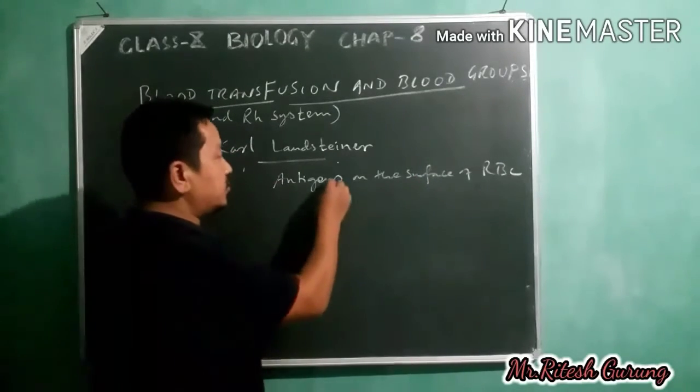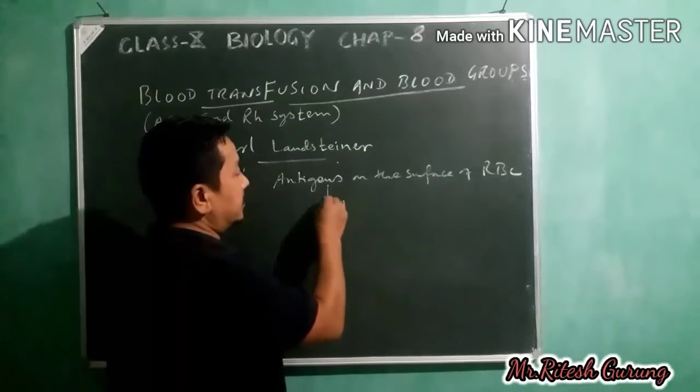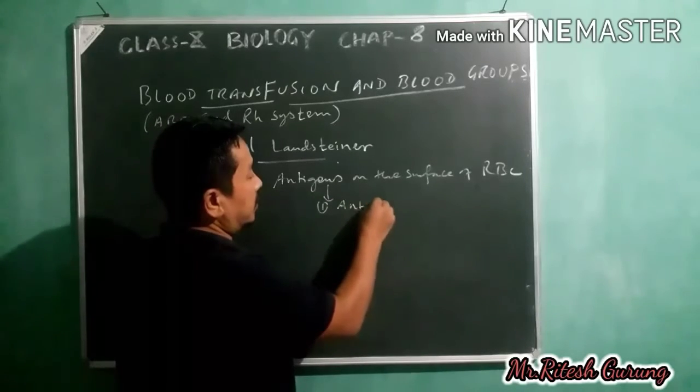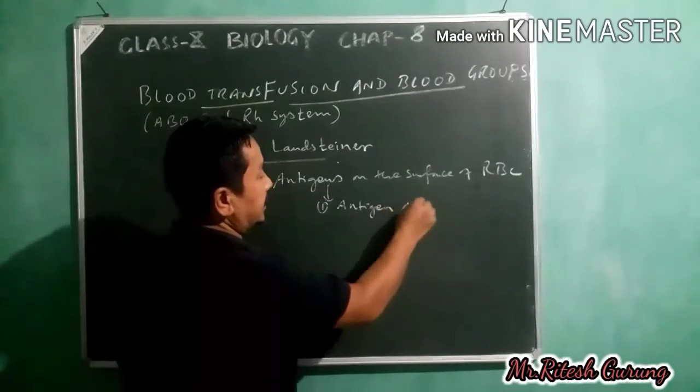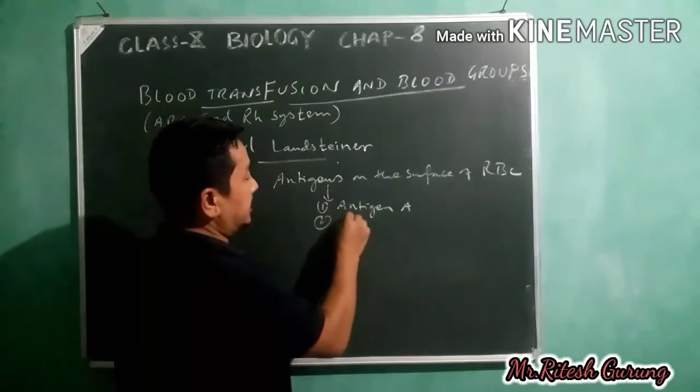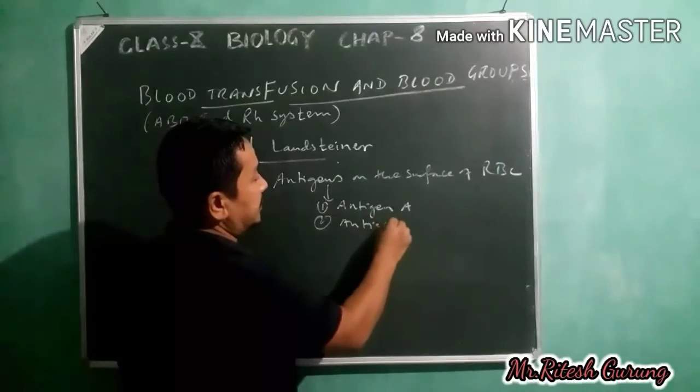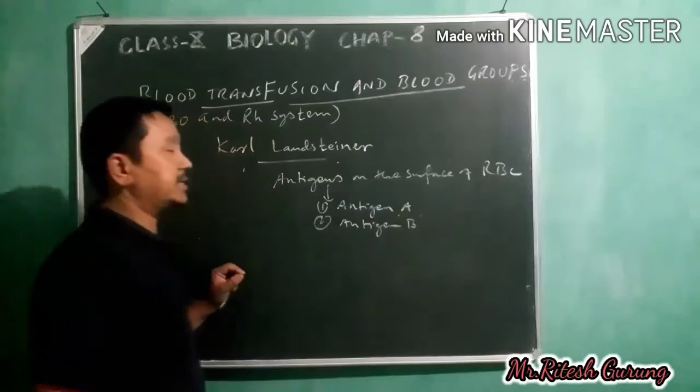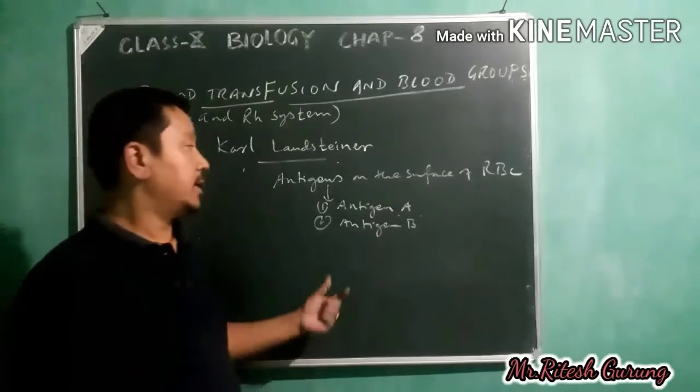These antigens are of two types: antigen A and antigen B.